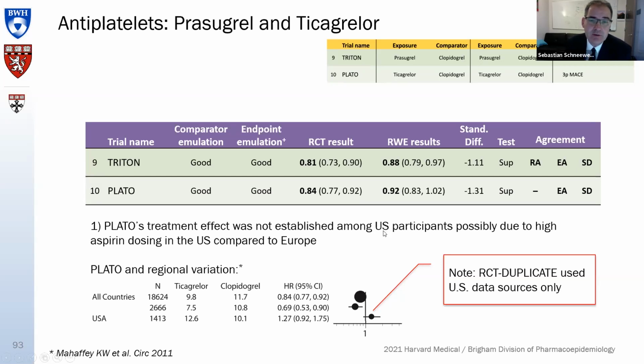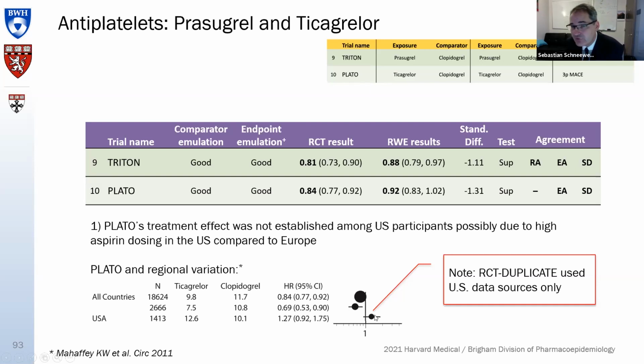I want to point out that it's not clear whether this is a bias or whether it is an emulation failure, because when you look at the PLATO trial, it was, of course, a multinational trial where in the United States, actually, there was no superiority of ticagrelor, while the success of the trial was entirely driven by, I think, many of the European sites and non-US sites where there was a substantial benefit of ticagrelor.